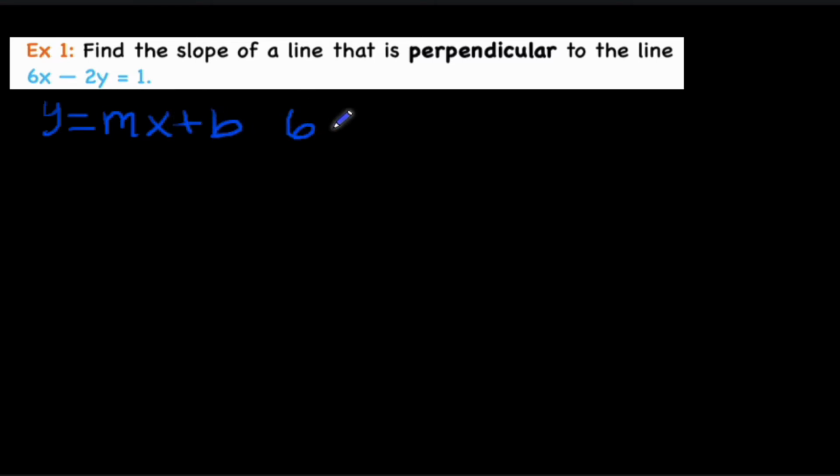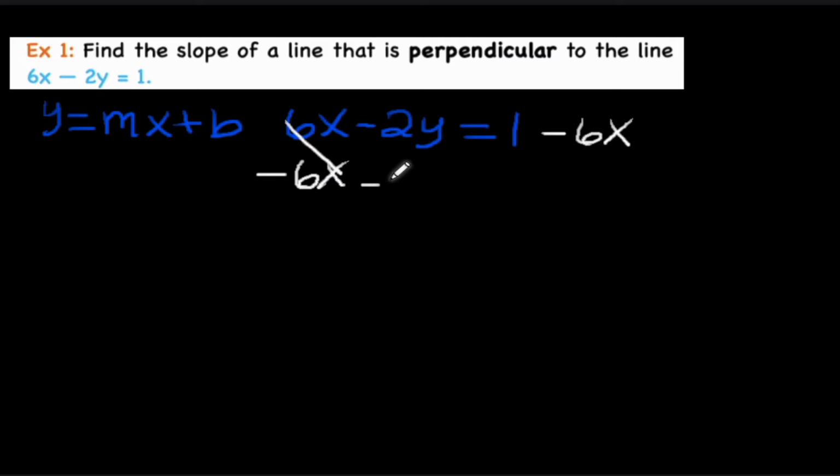So we have 6x minus 2y is equal to 1. So what we're going to do is isolate y. So the first step in doing so is subtracting 6x from both sides. So we have negative 2y, which is equal to negative 6x plus 1.